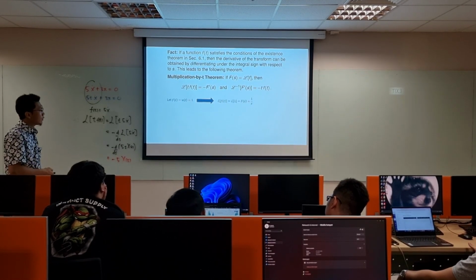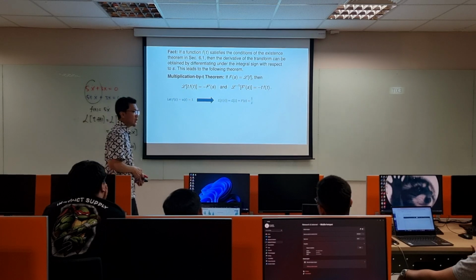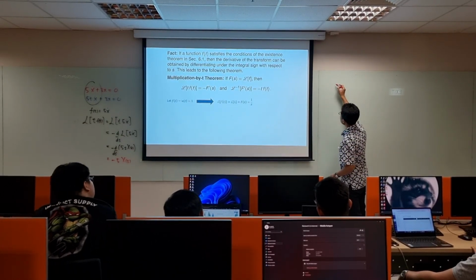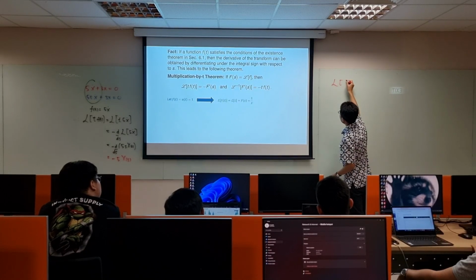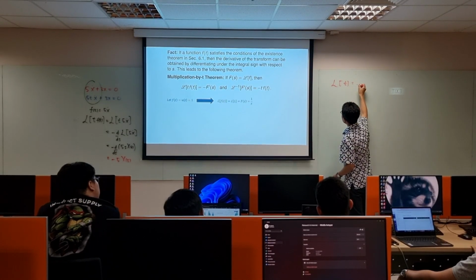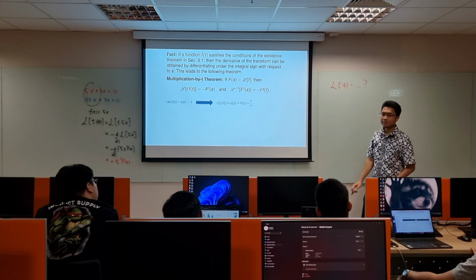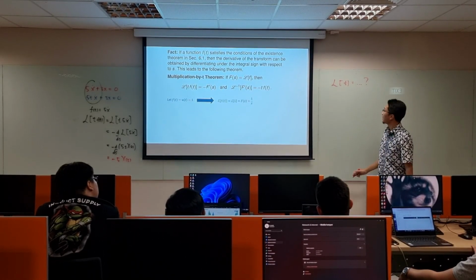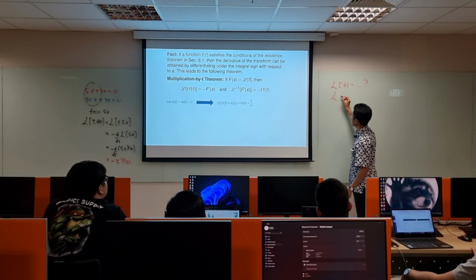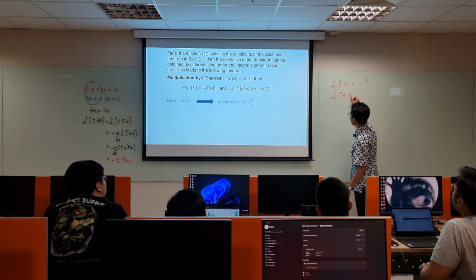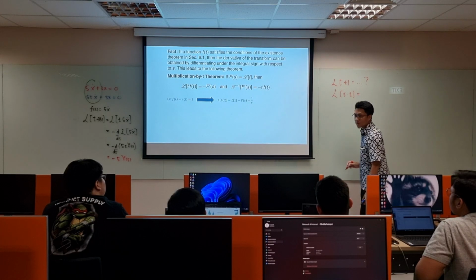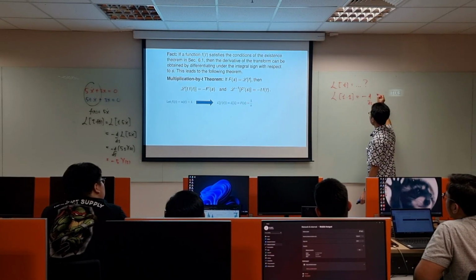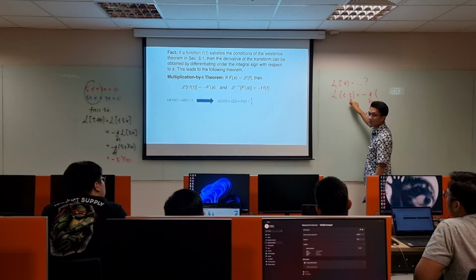So if we want to find the Laplace transform of t, how do we do it? Use this theorem. This is equal to the Laplace transform of t times 1, which is equal to minus d over ds of the Laplace transform of 1.